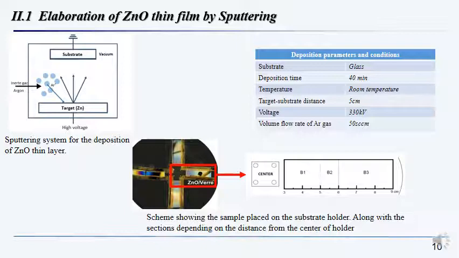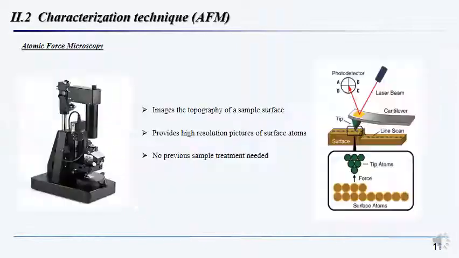Three regions were identified on the substrate and labeled as B1, B2, and B3. The deposition parameters are summarized in the following table, and the characterization of the sample was carried out by atomic force microscopy, AFM, where the main purpose was to visualize the surface morphology and evaluate the relation between film thickness and grain size.